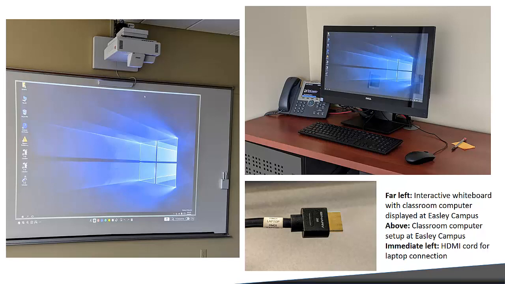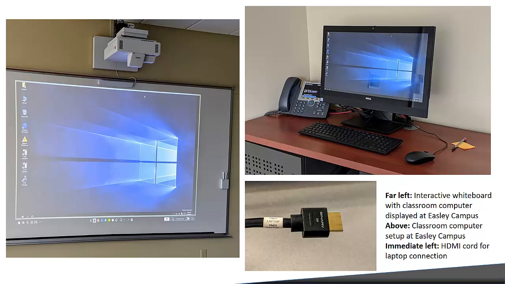While the physical layout of classrooms will vary from campus to campus or even across rooms on the same campus, this is an example of what the actual equipment looks like. These are images from the Easley campus. The far left shows the projector and the interactive whiteboard while connected to the classroom computer.